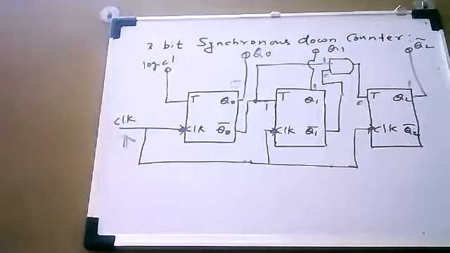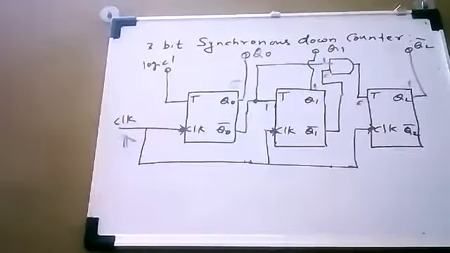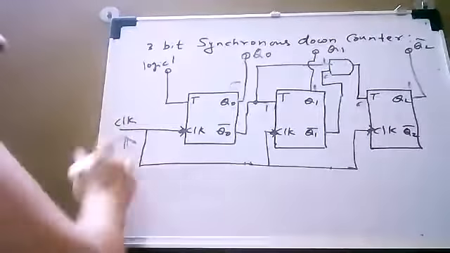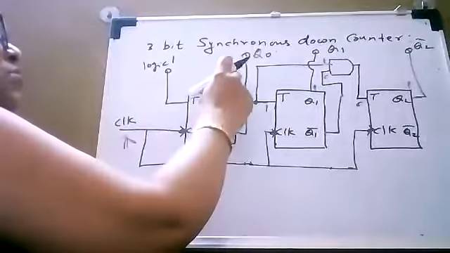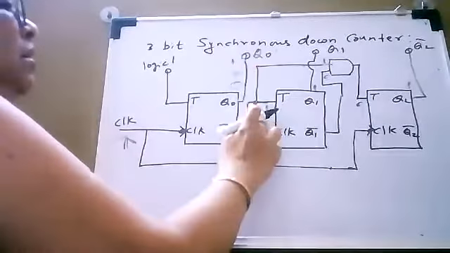So in this condition, the input of flip-flop number 1 is 1, flip-flop number 2 is 1, and flip-flop number 3 is 0. So flip-flop number 1 is going to change the state, flip-flop number 2 is going to change the state, but the state of flip-flop number 3 will remain as it is. Okay, so now let us apply the clock pulse and see what happens. The first flip-flop will change the state from 0 to 1.